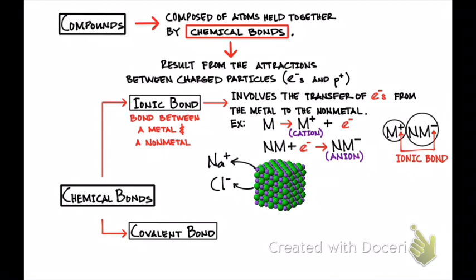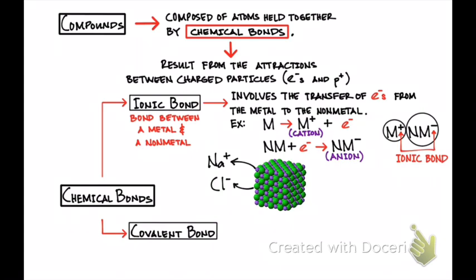So the compounds that utilize ionic bonds are known as ionic compounds. A lot of these ionic compounds contain ions that are arranged in a very specific manner, a three-dimensional arrangement. The one that's shown here is for sodium chloride, table salt.